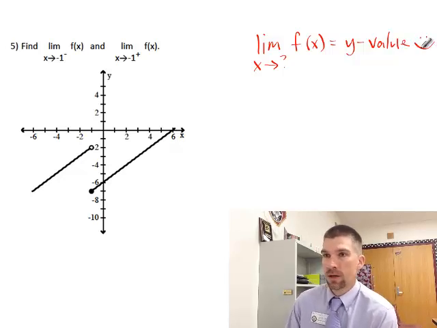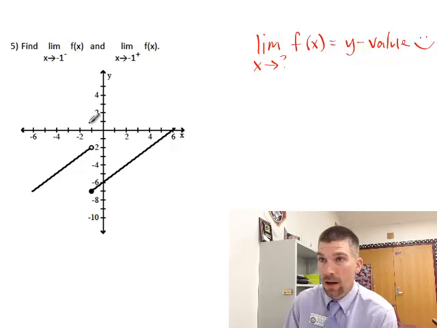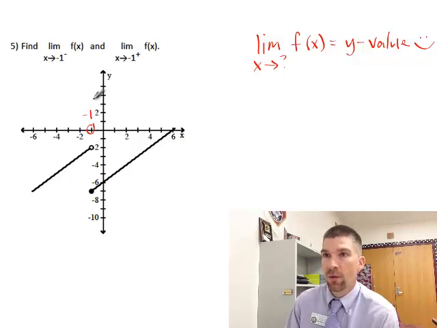So what we're going to do is look right here at -1. And what y value are we getting close to when we come in from the left? As we come in from the left, we're getting close to a y value of 2.